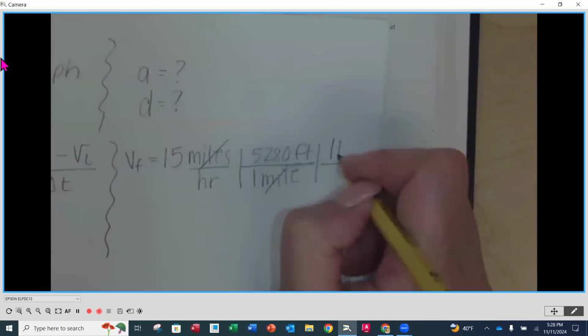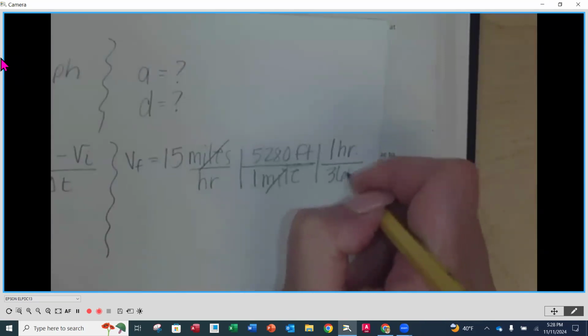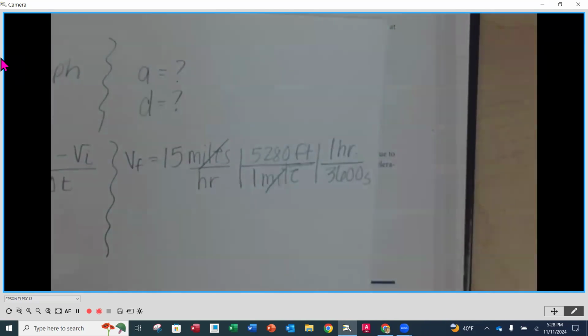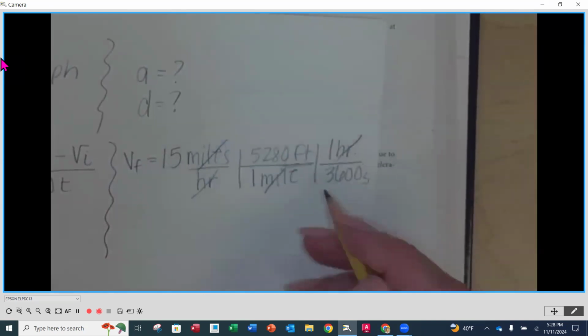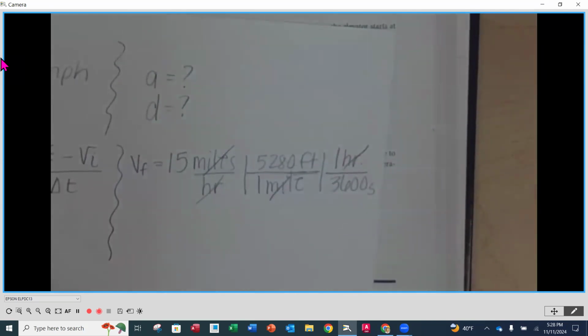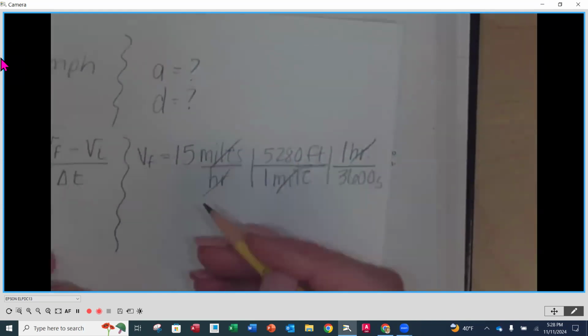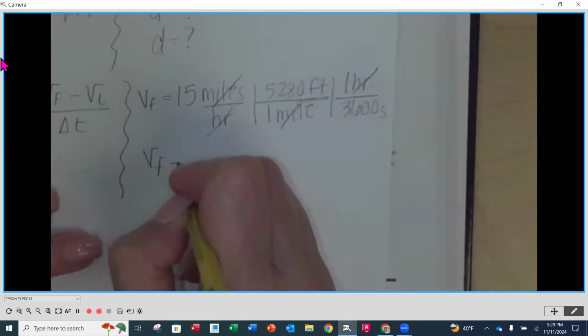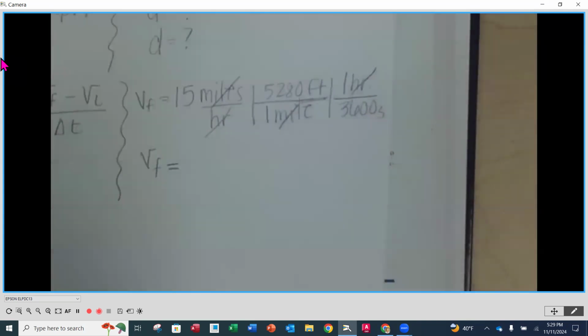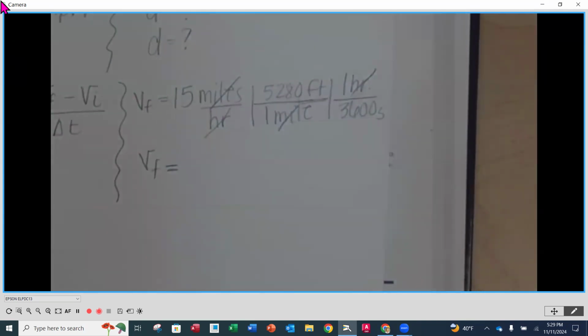So I know that in 1 hour, there's 3,600 seconds. So my hours will cancel. So my units that are not canceled are feet on top and seconds on the bottom. So feet per second. So I'm going to multiply across the top and I'm going to divide by the bottom. What do you guys get for a value for your final velocity?